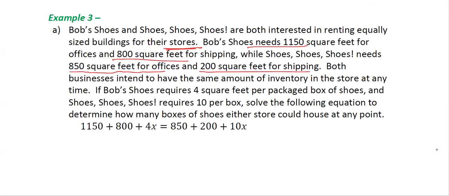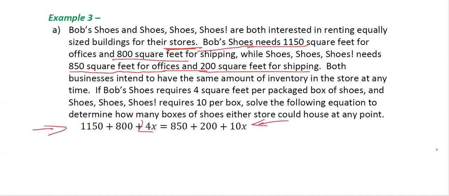If I just read this and you get confused, there's a lot going on. What are we needing? He needs a building that has 1,150 square feet office space and 800 square feet of shipping. And then he needs another building of 850 square feet of office space and 200 square feet for shipping. So if you notice, they set it on each side of the equal sign, separating it.